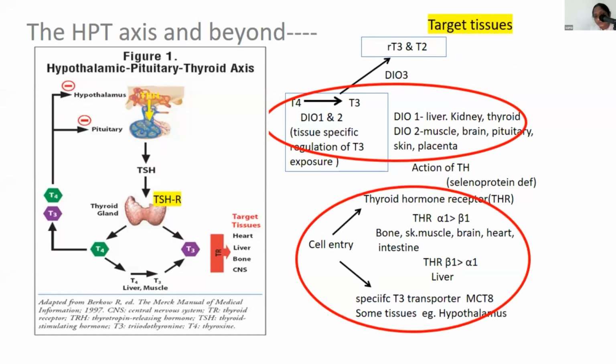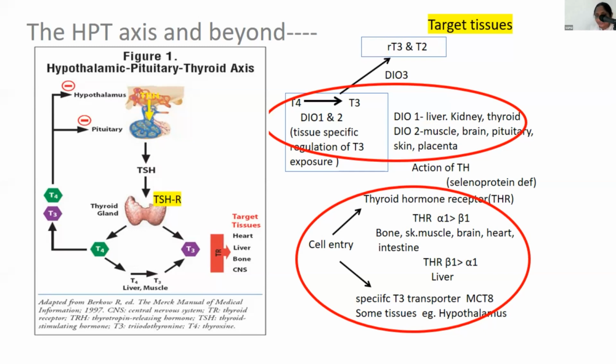Once again, they also have receptors in the target tissue, alpha and beta. Some are expressed more in some target tissues. So it's a very complex interplay. When we finally see a normal child with a normal euthyroid status, I think it's a miracle, looking at the number of processes involved in thyroid hormone. In addition, for entry of T3, which is the metabolically active one, there are specific transporters.